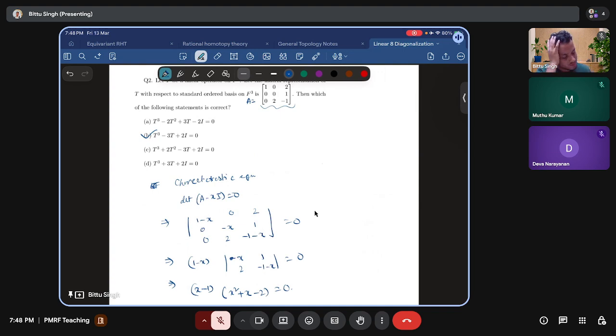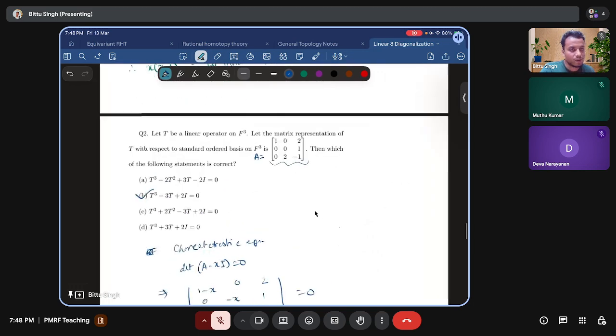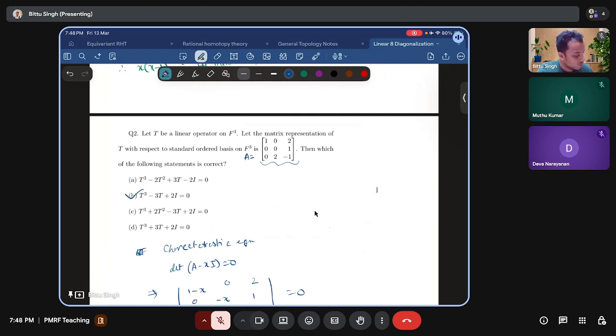But what about the others? Is there a possibility of any other option? Here we can see that 1 is an eigenvalue. If T satisfies some equation, then the eigenvalue also satisfies that equation. We have already seen that if p(T) equals 0 or some function f(T) equals 0, then f(lambda) will also be 0.